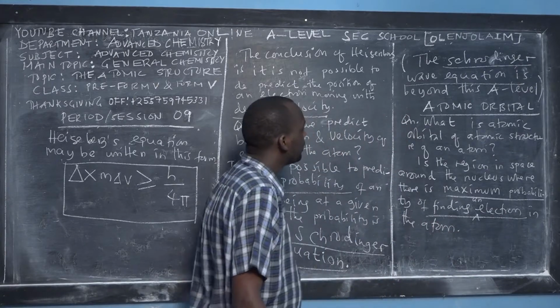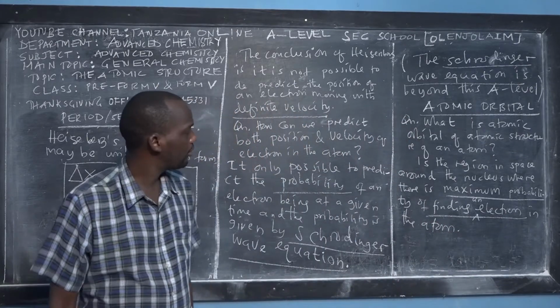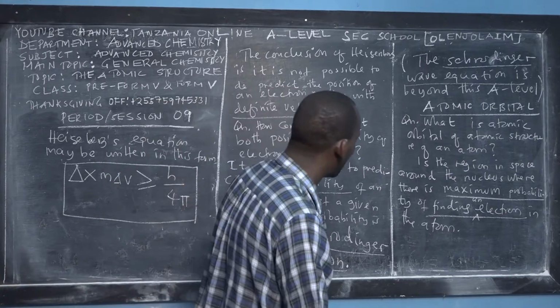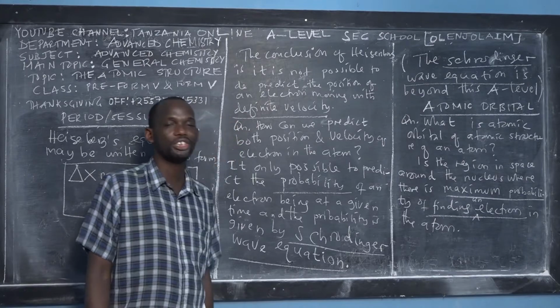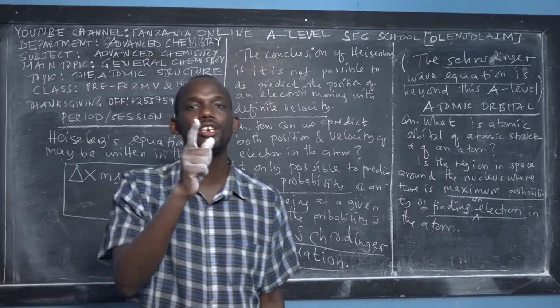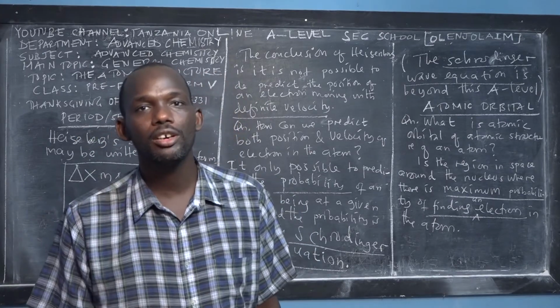So the region where we have a maximum probability of finding an electron in an atom, we call in chemistry the atomic orbital.